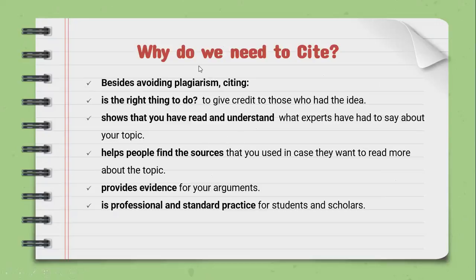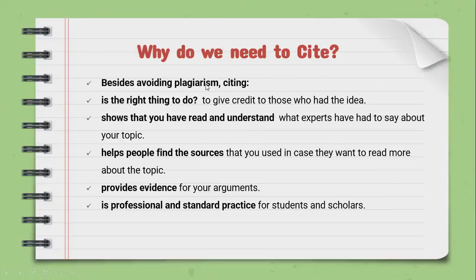Okay, so the next question is, why do we need to cite? You can think about it, right? Why do we need to cite? This is my research and this is our group's research, so why do we need to cite peer works? The first reason is to avoid plagiarism.